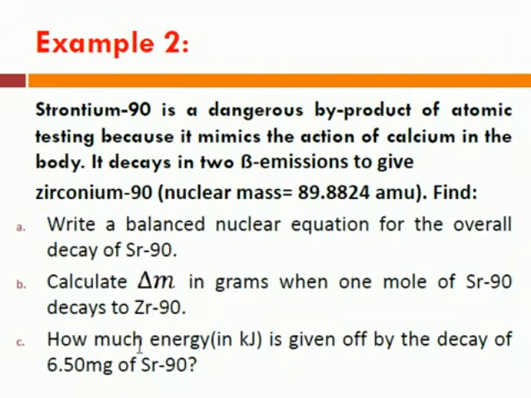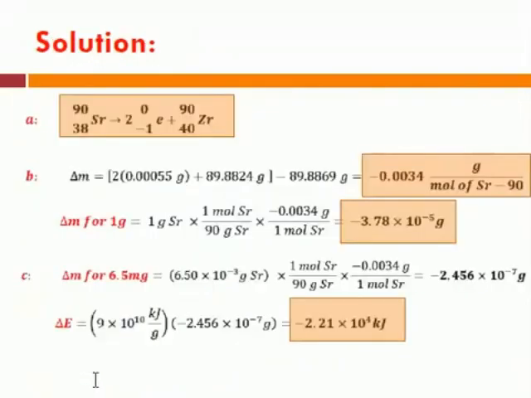For letter C, how much energy? We're going to compute the delta E by the decay of 6.50 milligrams of strontium-90. So, compute first delta M for 6.5 milligrams. We have 6.50 times 10 raised to negative 3 because of the prefix milli, times 1 mole strontium over 90 grams Sr. Cancel this out.